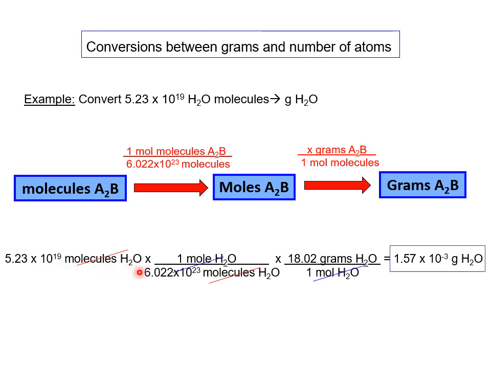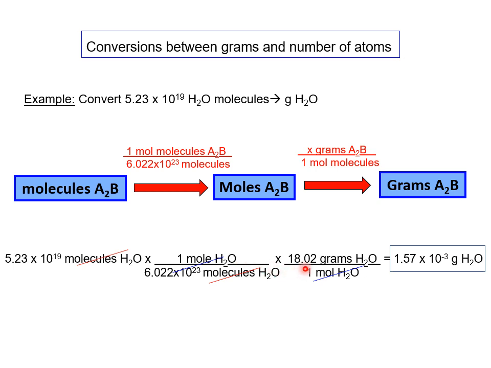I'm trying to cancel molecules, so molecules go on bottom. I'm trying to get moles, so moles goes on top. Each 1 mole of water contains 6.022 times 10 to the 23rd water molecules in it. So the molecules cancel. Now I'm going to convert moles of water to grams of water using the molar mass.